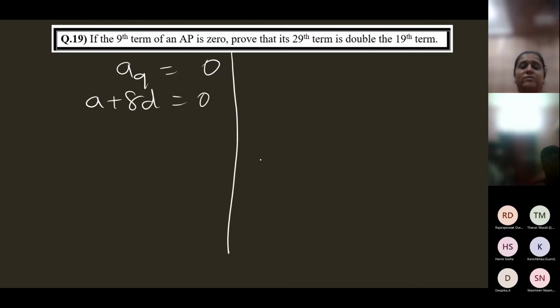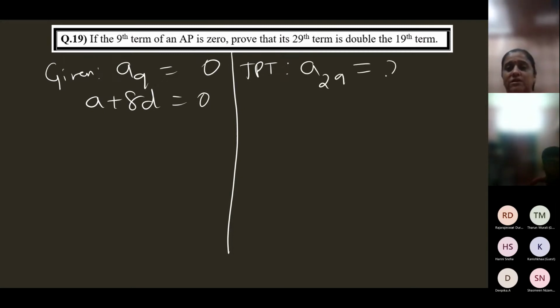Now with this information, we have to prove that the 29th term is double the 19th term, that is, A29 and twice A19 are the same. We know that A9 is 0, that is, A plus 8D is 0. So from this, you also get A is equal to minus 8D.